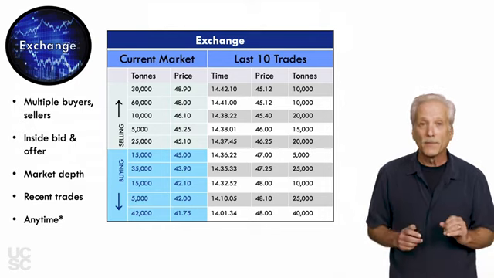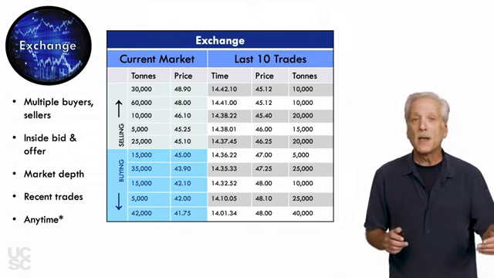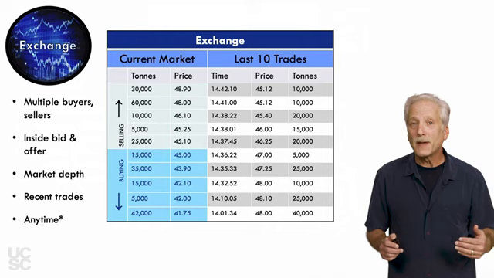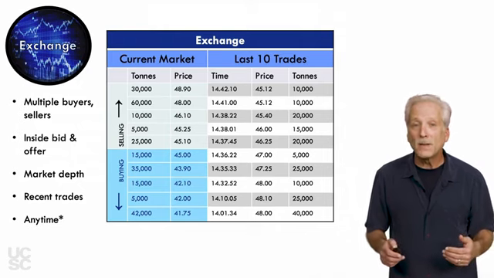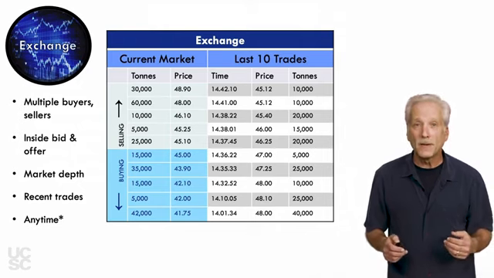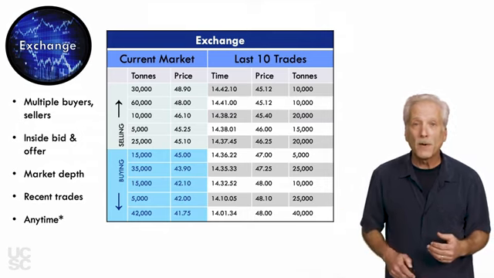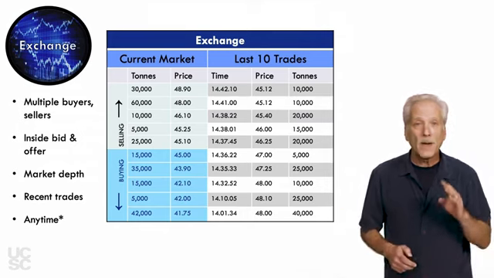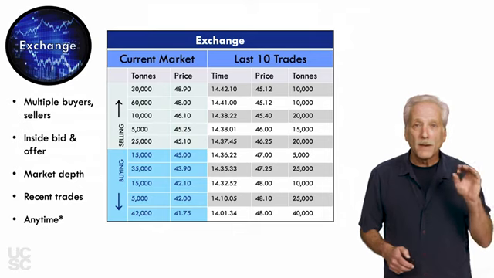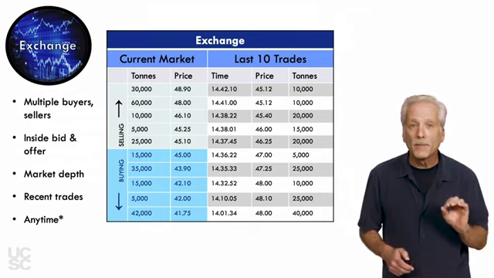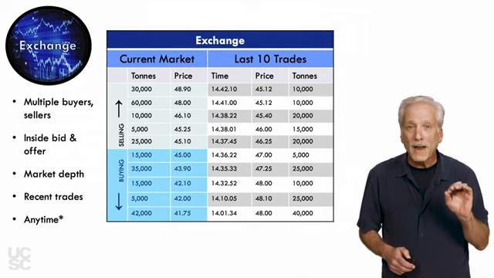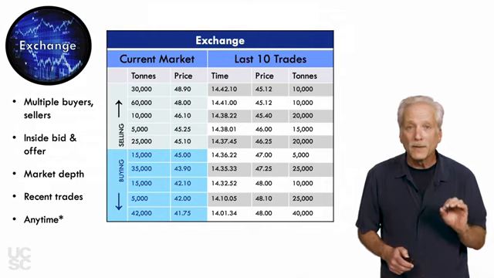How does it work? Well, on this screen, you see bids to buy on the lower left-hand side, and you see offers to sell on the upper left-hand side. On the far right-hand side, you see historical trades that have already occurred. Let's go back to the left and focus on the bids to buy. The computer ranks the bids by the unit price.